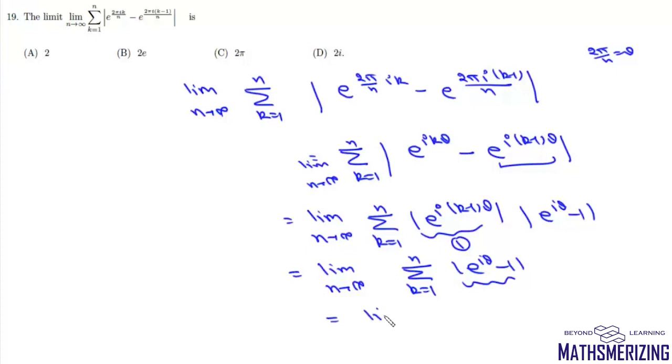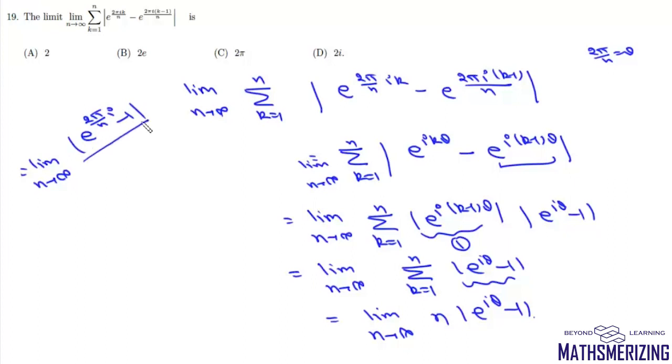So it will actually be limit n tends to infinity n into mod of e to the power iota theta minus 1. Now we'll put the value of theta. Theta is 2 pi by n. So we can write this limit as limit n tends to infinity, mod of e to the power 2 pi iota by n minus 1, upon 1 by n. Now we'll multiply and divide it with mod of 2 pi iota.